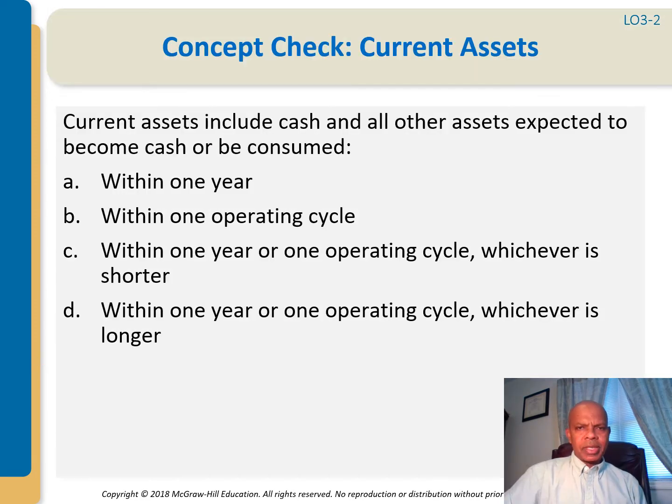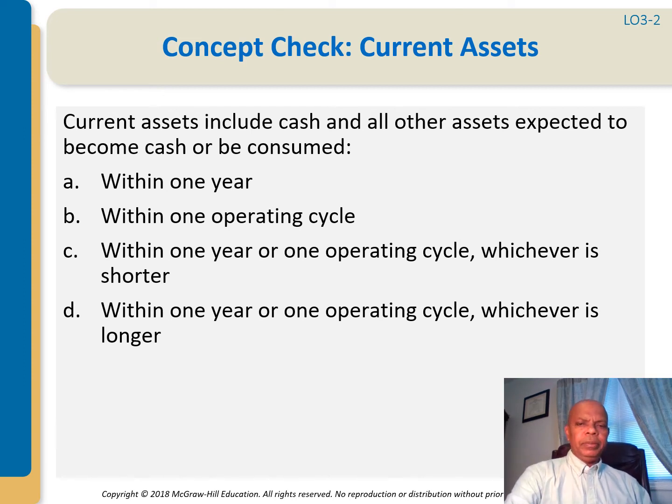Take a look at this quick example, just to test what you've learned so far. The current assets include cash and all other assets expected to become cash or be consumed. Which one is correct? A says within 1 year, B within 1 operating cycle, C within 1 year or 1 operating cycle, whichever is shorter, D within 1 year or 1 operating cycle, whichever is longer.